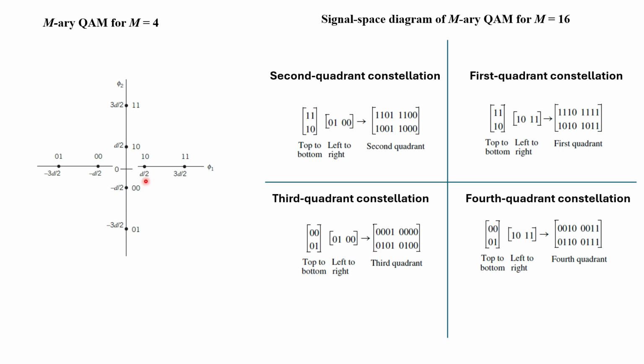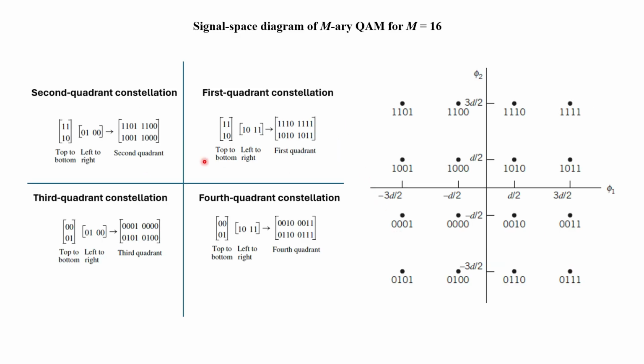Similarly for the fourth, 00, 01, and here 10, 11, and concatenate the bits. You will get 16 different states here. That is how we can obtain the signal space diagram for M-ary QAM for M is equal to 16.